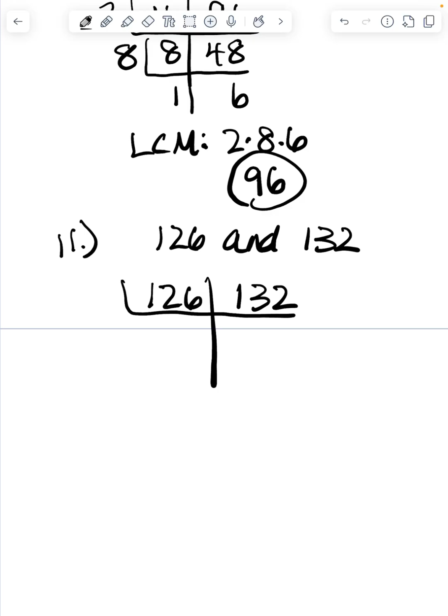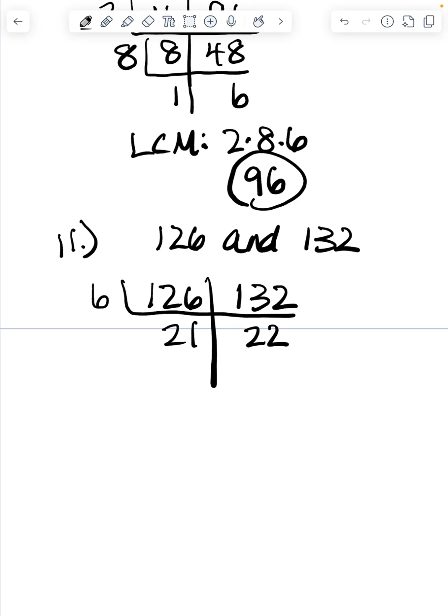And then for the 132, if I add 1, 3, and 2, that gets me 6, which is also divisible by 3. And because they are even and divisible by 3, that means they're divisible by 6. So I'm going to use my divisibility rules here to speed up my process a little bit, which we can do with the LCMs since we're looking for multiples anyway.